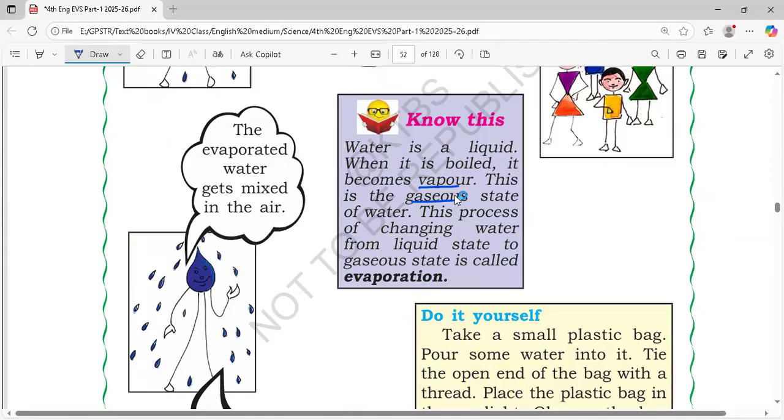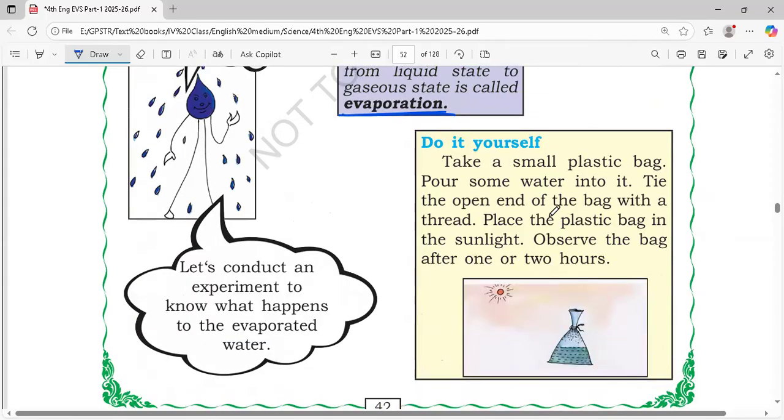The process of changing water from liquid state to gaseous state is called evaporation. The evaporated water gets mixed in the air.